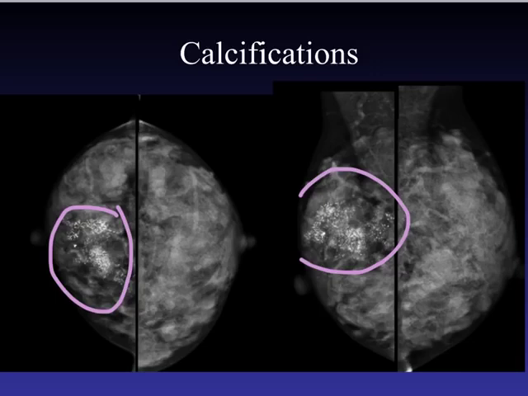And these are called calcifications. These are calcium deposits that lie within the breast. And calcification within the breast can happen for a number of different reasons that are both benign and malignant. We use the imaging characterization of the calcifications to help us decide how worried we are about these calcifications potentially being a cancer.